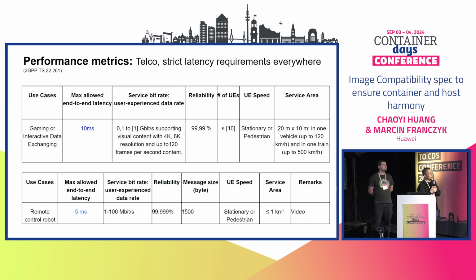For remote control, for example controlling a robot, the end-to-end latency should be less than 5 milliseconds. So mission critical applications produce a lot of requirements on the hardware and operating system.